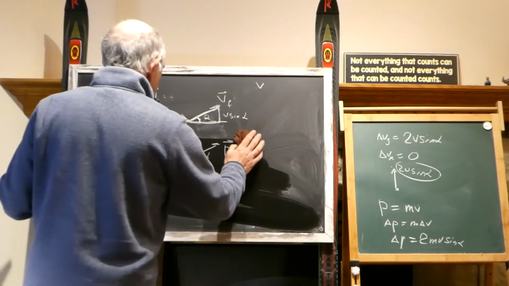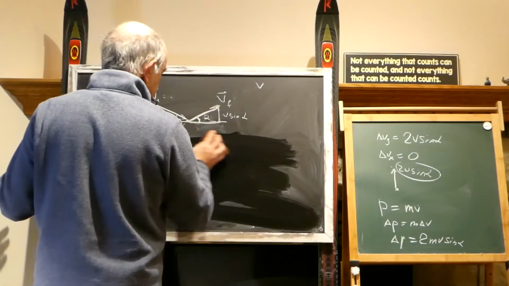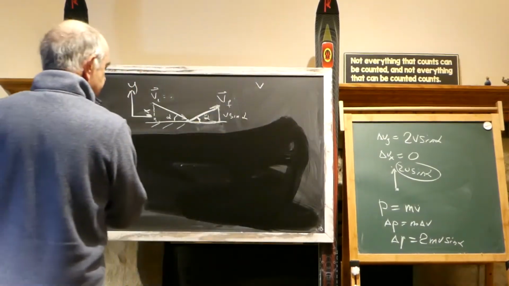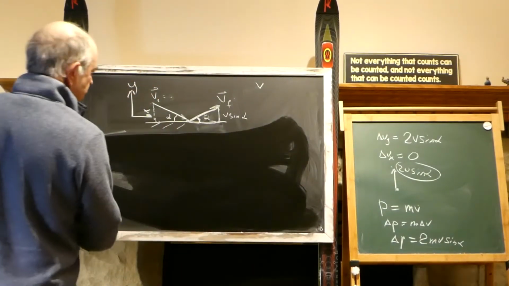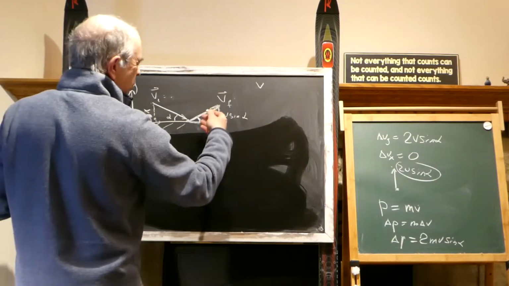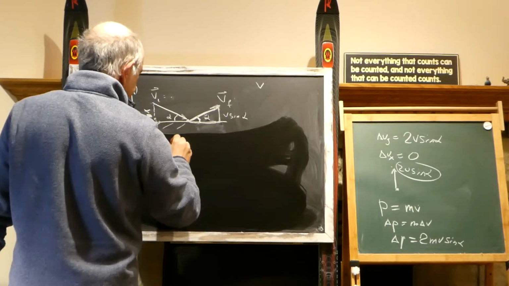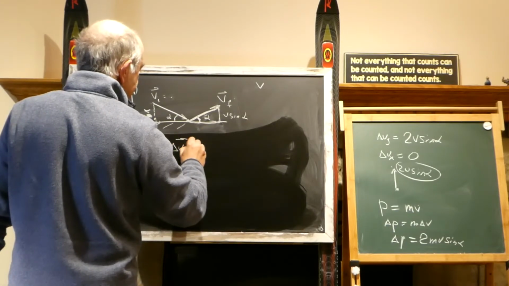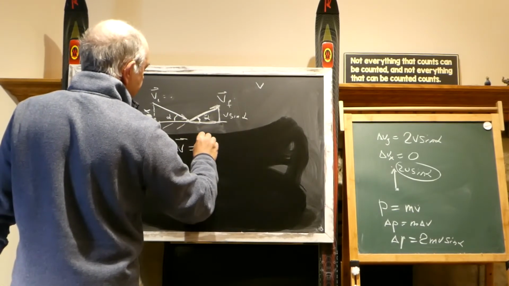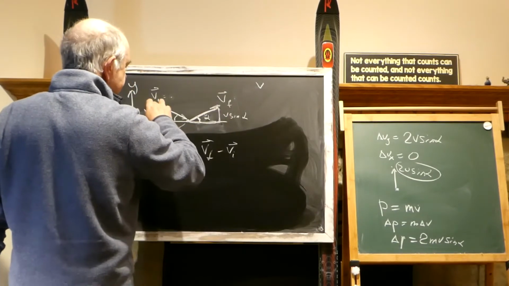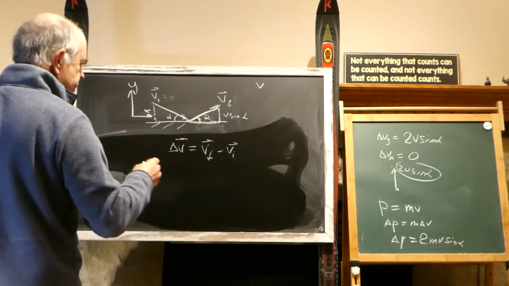But whatever I do, I also want to come to this solution using vector subtraction. So, for example, if I deal with velocities, let's continue with velocities, I have to say that delta v vector is v final vector minus v initial vector. So this vector subtracts this. How do I subtract the vectors?